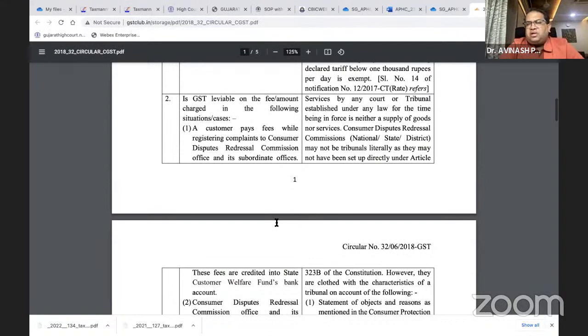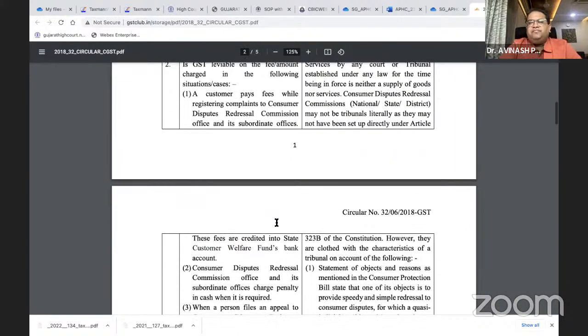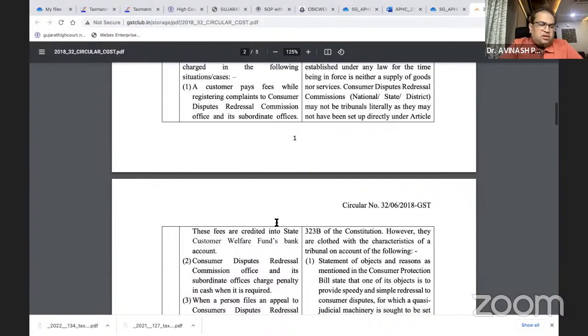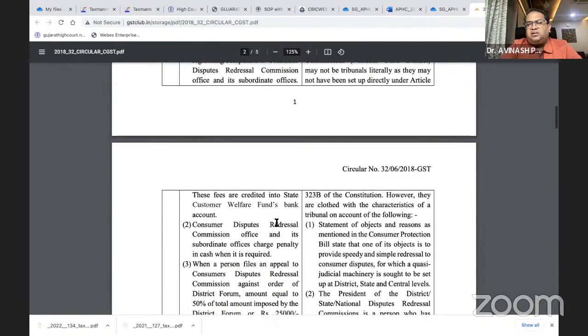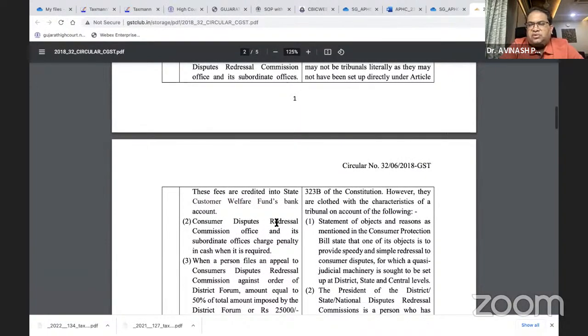Services by any court or tribunal established under any law for the time being in force is neither supply of goods nor services. That is part of Schedule 3. Consumer Dispute Redressal Commissions, national, state, or district, may not be tribunals literally, as they may not have been set up directly under Article 323B of the Constitution.